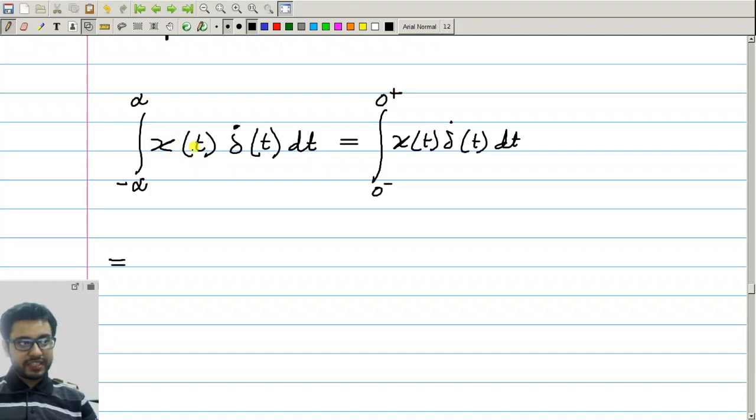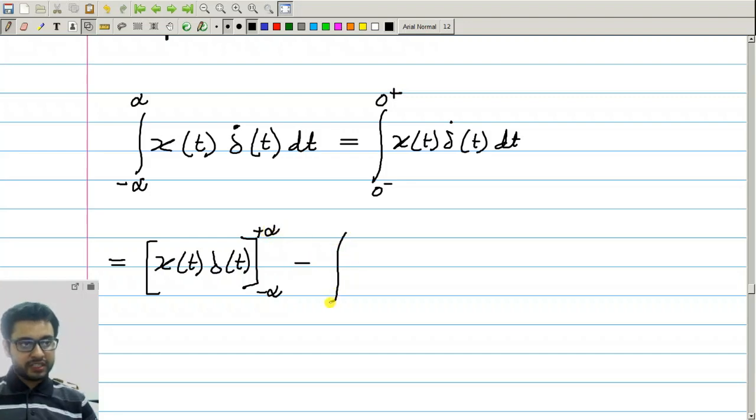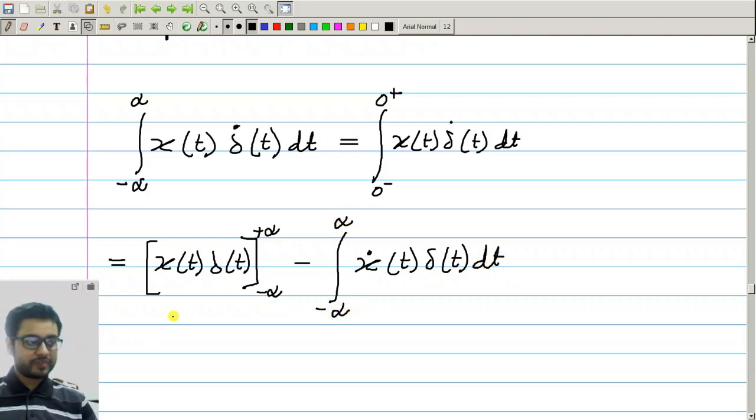So consider this as the first function and delta dot as the second function. So we will have the first function times the integration of the second, which is delta t, evaluated at minus infinity and plus infinity, minus the integration of x dot delta t dt from minus infinity to plus infinity.